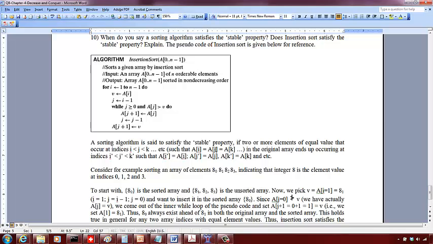Wherever a of j was at index j, it is at j prime. Wherever a of k was at index k, it is at k prime. But still, i prime is less than j prime less than k prime.